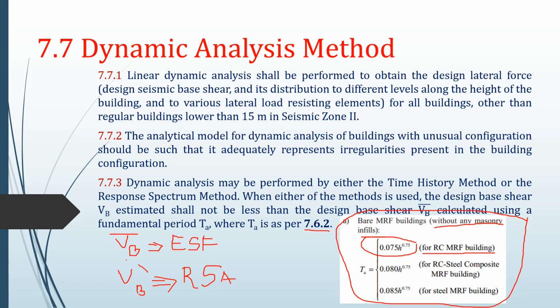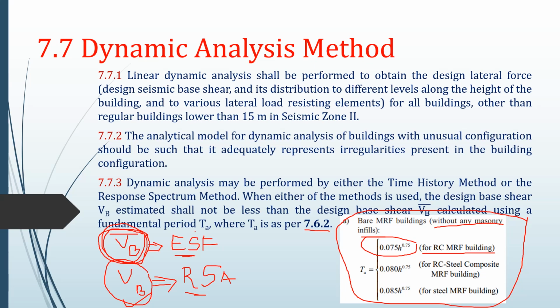So if this VB is smaller than this VB bar, that means the design base shear obtained from our dynamic analysis process is lesser than the base shear that we got during the linear static method, then we should assume that at least this much amount, this VB bar amount of base shear, acts upon our structure. Although from dynamic analysis we get a lesser value, we still have to design our structure for this minimum base shear, that is VB bar.